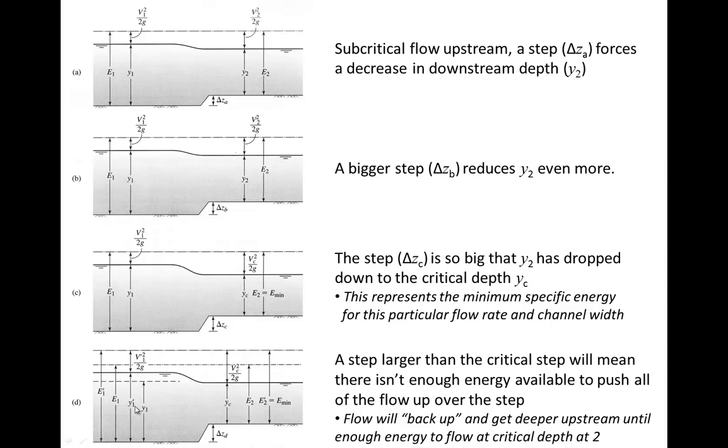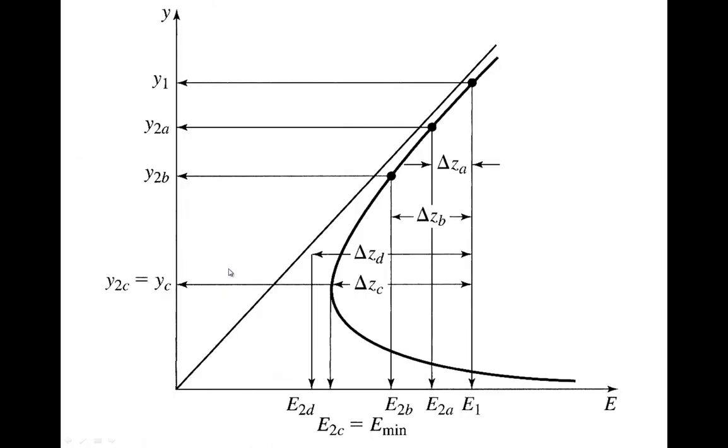And that's how much energy is required to once again reestablish critical flow over the step, so that the total energy will be the step elevation, the water depth, the velocity head, and the flow will back up just until there's barely enough energy to get up over the obstruction, and that most efficient flow condition happens at Y sub C. You'll notice, as per our previous example, that under critical conditions the depth is 2/3 of the specific energy, the velocity head is 1/3 of the specific energy.